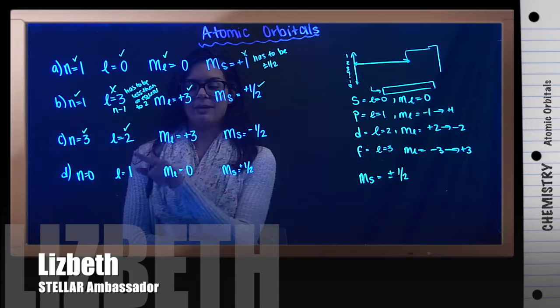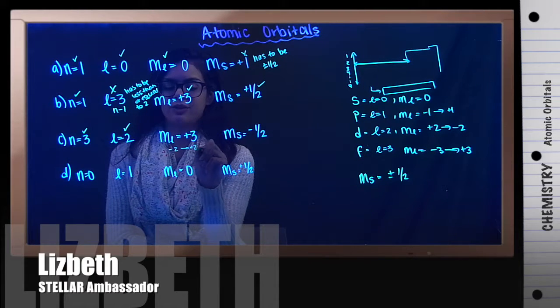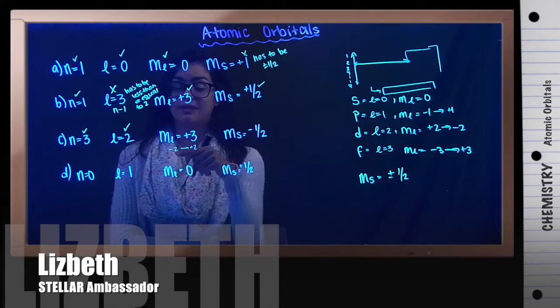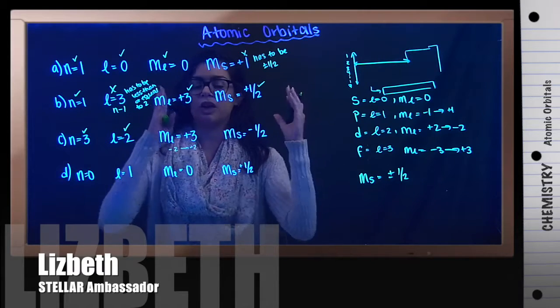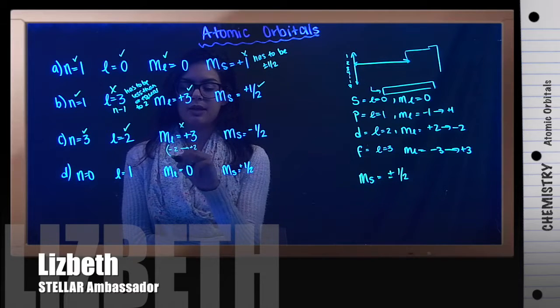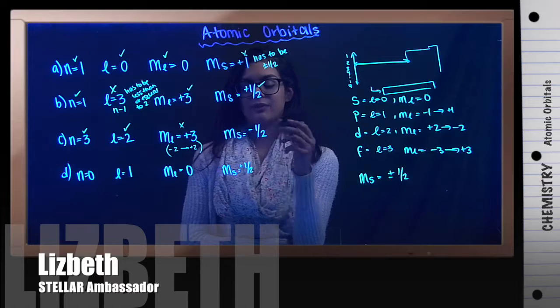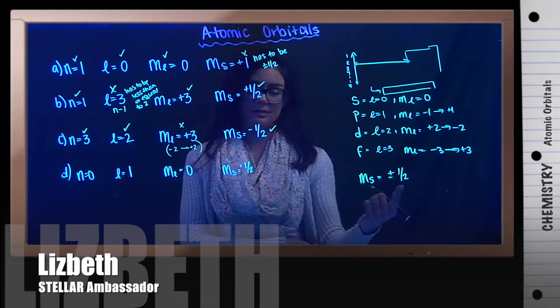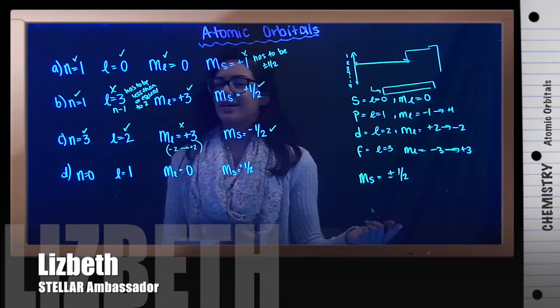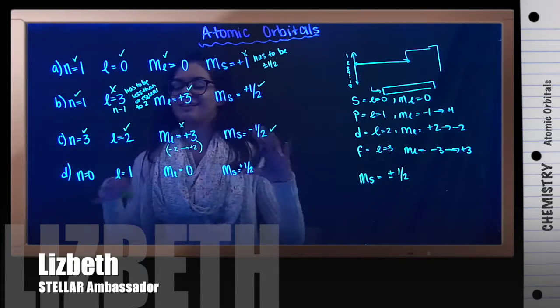Is that between negative 2 and positive 2? No, that's beyond our range, so this would be incorrect. And M sub S equals negative 1/2 is fine because we only have 2 options. You see why M sub S is my favorite? It's just so easy. It has to be positive or negative 1/2, and that's it.